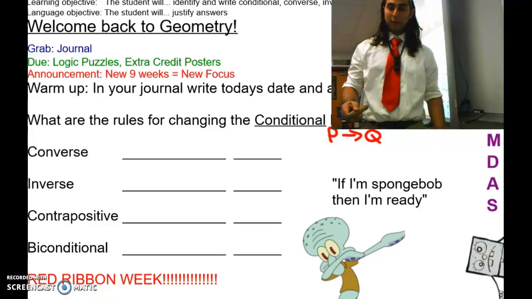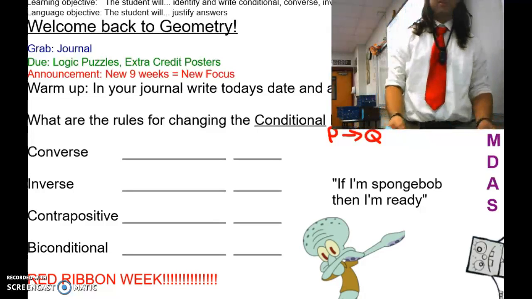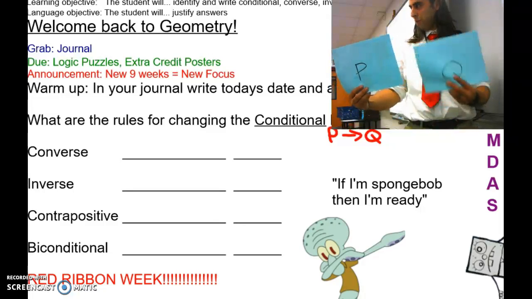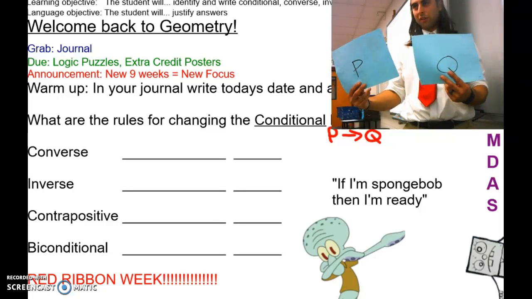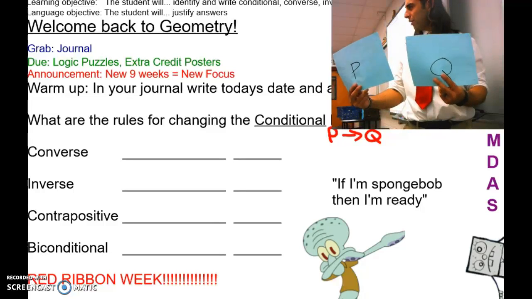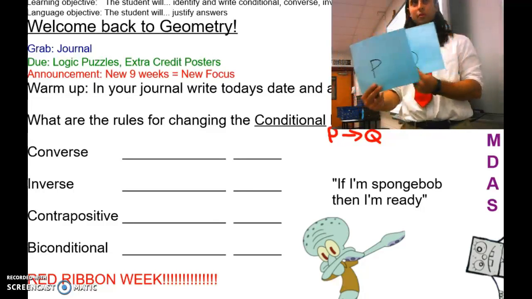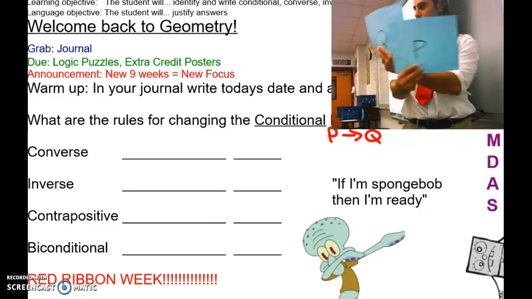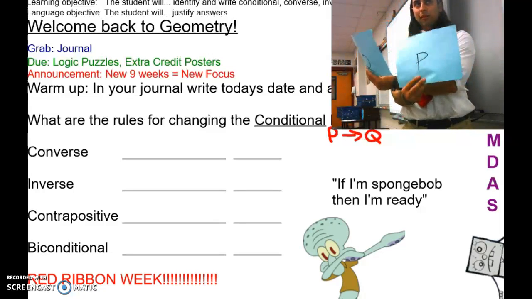Okay, I tried. But no, really what you do is, check me out, got that P and that Q, right? And you think of converse, you think of your Converse shoes, but you got to tie those shoelaces, so you got to do a switcheroo. So instead of P implies Q, it becomes Q implies P.